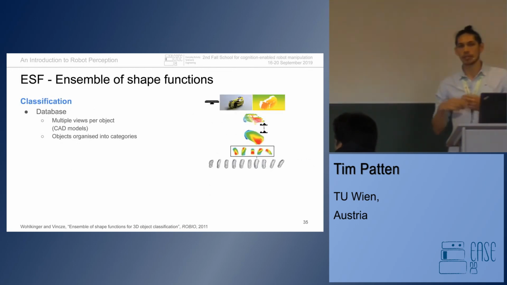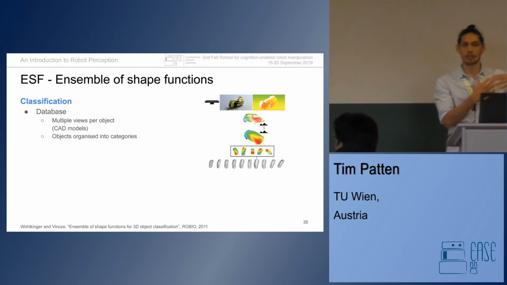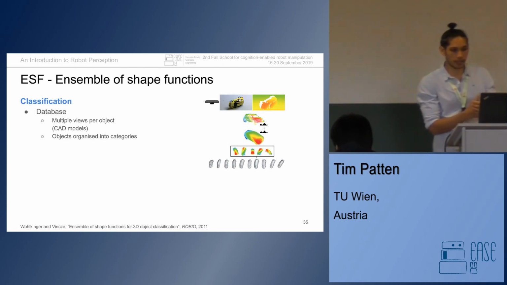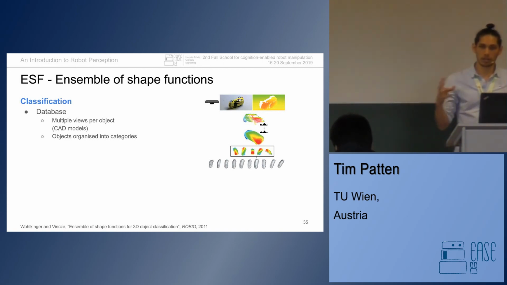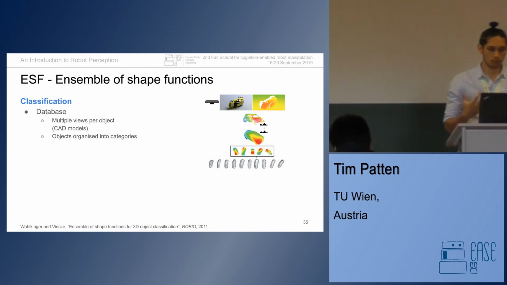So finally, to do this classification, just like SIFT, we have to have some database of objects. Here, for 3D classification, we have some big database of CAD models, let's say, and these are all put together into certain categories to make things a little more robust.